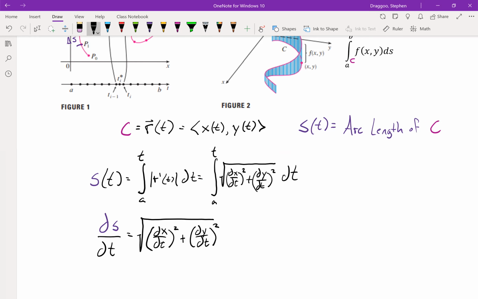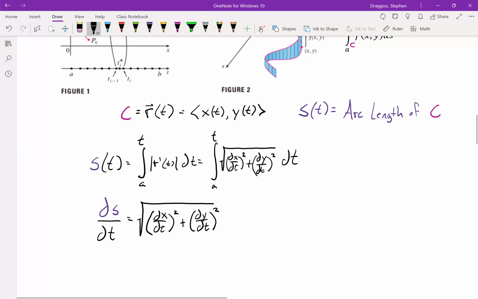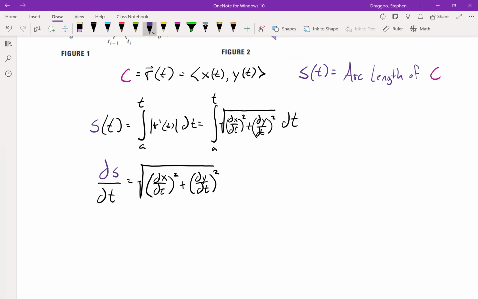And again, here x and y are both functions in the parametric function r, which describes our curve C. So this is the derivative of that x function with respect to t squared plus the derivative of the y function with respect to t, squared. Solve that thing for ds, and we should get something that we're able to plug in to an integral with respect to t.